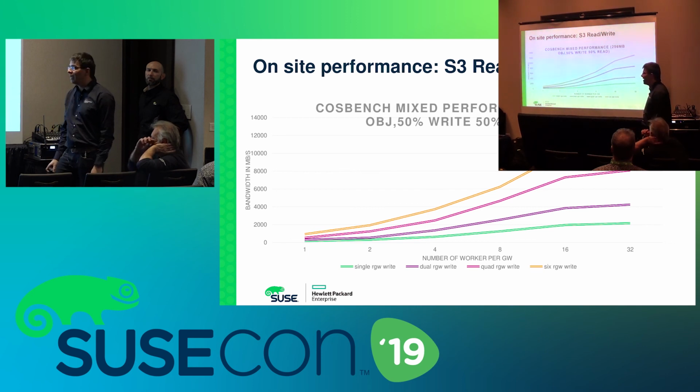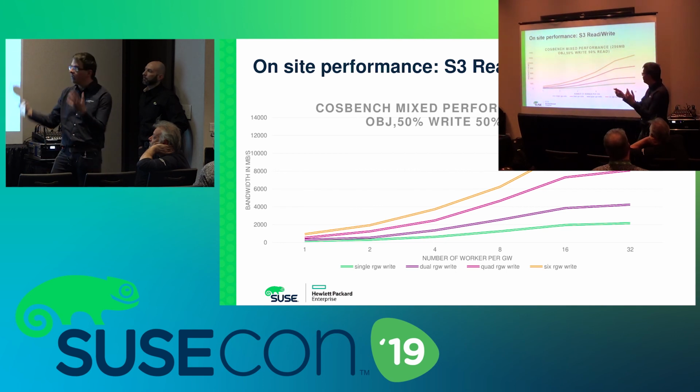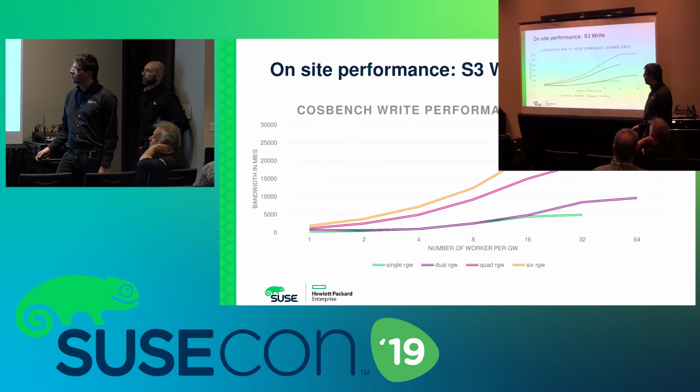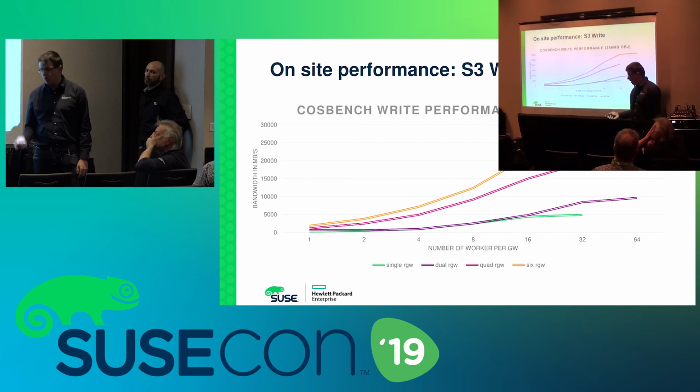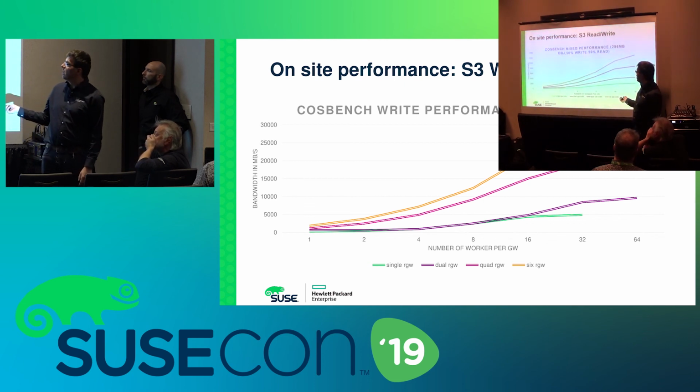So the conclusion is that the backend is capable of far more than that. We don't know what performance we can achieve in the backend, but we know we have some room. If we have a problem here, we just need to add some routers gateways and we'll increase the performance still. I do think we have a lot of room, maybe 40 gigabytes or whatever. But that was very interesting.